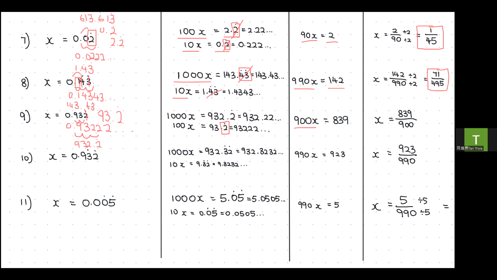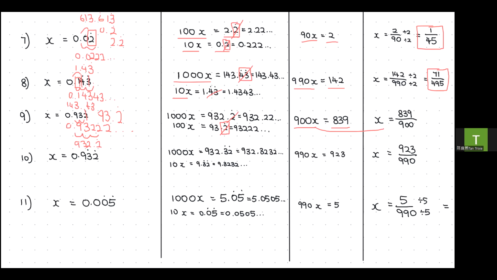And then 1000x equals 932.2 recurring decimal, and 100x equals 93.2 recurring decimal. Cross out the recurring decimal, minus it. 932 minus 93 equals 839. So x will equal 839 out of 900. It cannot be simplified, so it will be the final answer.